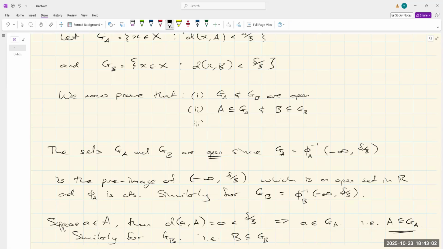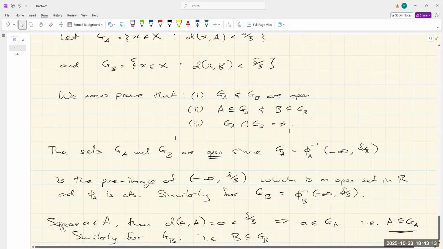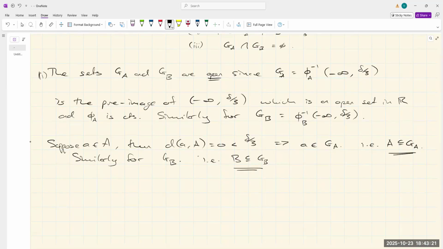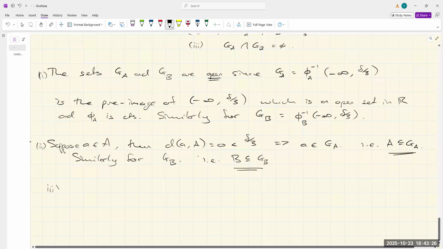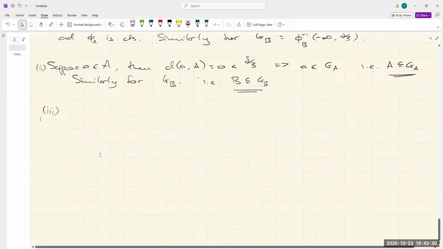So we did that. And the last thing we need to show is that GA and GB are disjoint, so the intersection is empty. So this is the first one, this one is the second one, the third one. I have to show that they are disjoint.